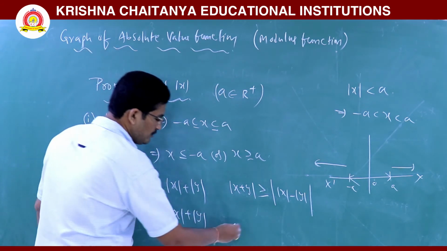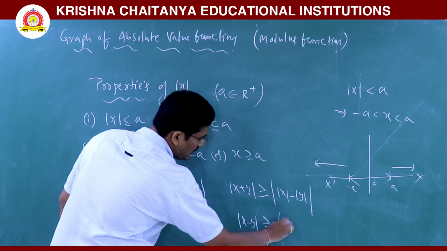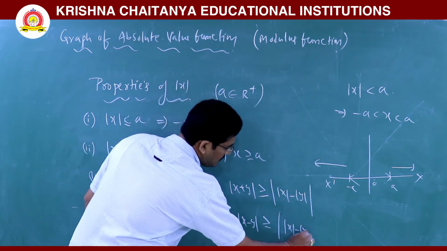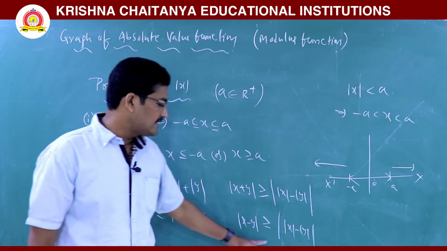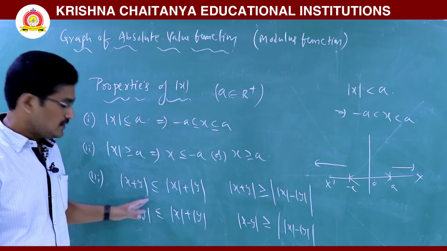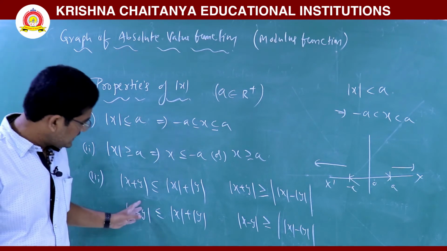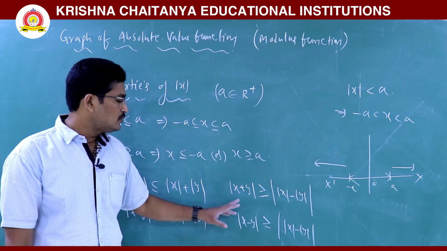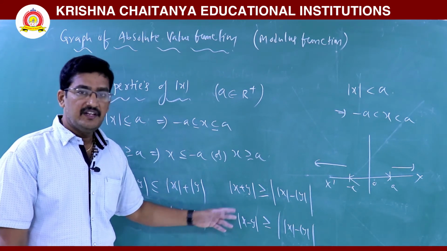In the same way, one more property: mod of x minus y is also greater than or equal to mod of mod x minus mod y. So these are all the properties that belong to the absolute value function, the modulus function. You have to check by taking any two real values instead of x and y. You have to verify all these.